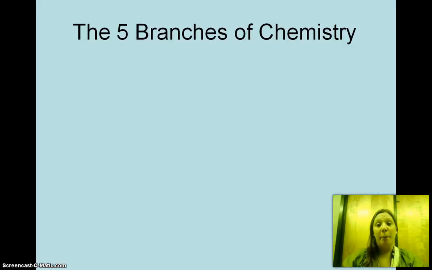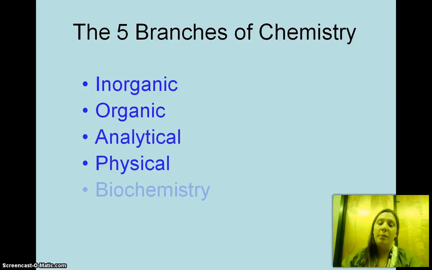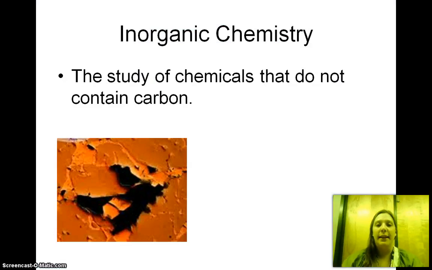So there are 5 different branches of chemistry. The first is inorganic, then we have organic, then we have analytical, physical, and biochemistry. So I'm going to go into detail a little bit about what those branches are and what we study in those branches of chemistry. The first is inorganic chemistry.